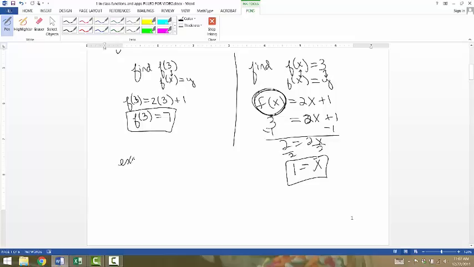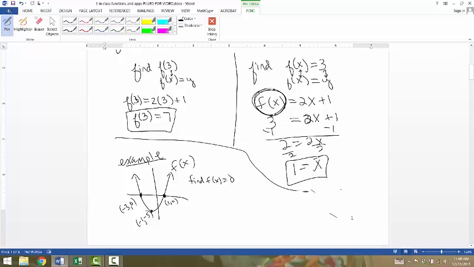Another example of function notation, if I gave a little sketch of a function f of x. Let's say this function passes through the points negative 3, 0, negative 1, negative 5, and 1, 0, just as an example. And if I ask to find or solve f of x equals 0 on this graph, again note f of x equals 0.